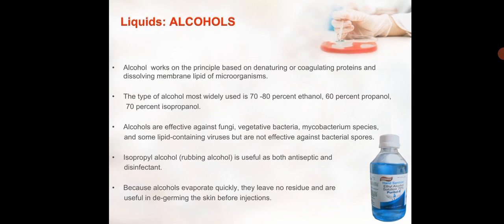Alcohols are effective against fungi, vegetative bacteria, Mycobacterium species, and some lipid-containing viruses, but are not effective against bacterial spores. Isopropyl alcohol, also known as rubbing alcohol, is useful as both antiseptic and disinfectant. Because alcohol evaporates quickly, it leaves no residue and is useful in degerming the skin before injections.